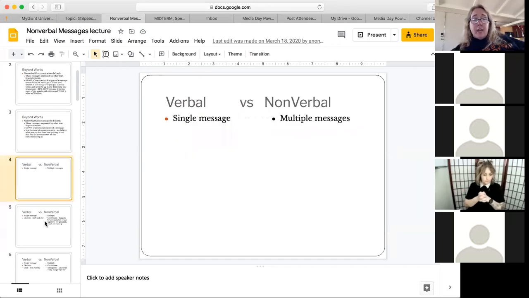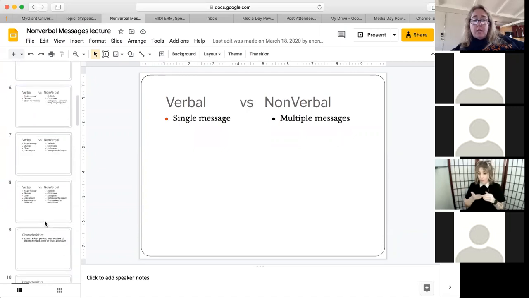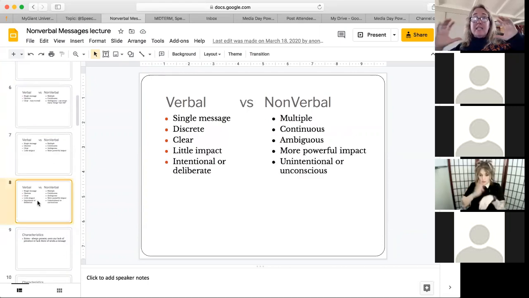Now, the other thing that I want you to focus on in reference to this slide is the differences between verbal and nonverbal. Verbal communication is just one single message. So if I write down on a sheet of paper, I love you, or I say, I love you, or in some people's example, I might text it, I love you.